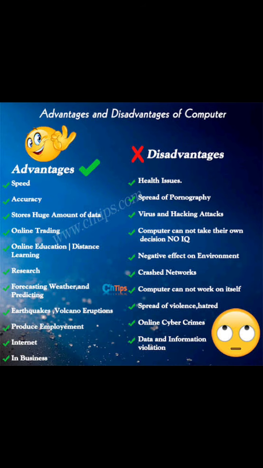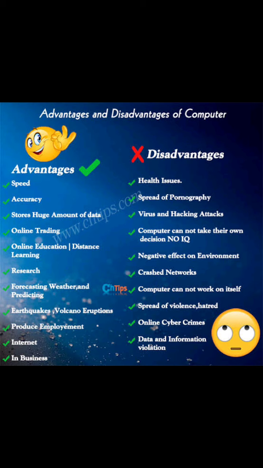Negative effects on the environment: it also affects the environment, our surroundings. Crosstalk in networks sometimes makes some troubles. Next one, a computer cannot work on its own. We already saw this in the third point. So the fourth point: a computer cannot work separately. It only does what the human gives it to do.